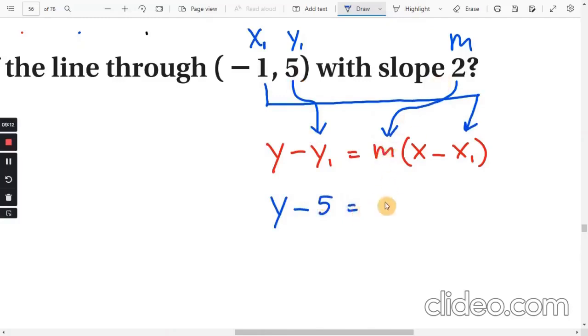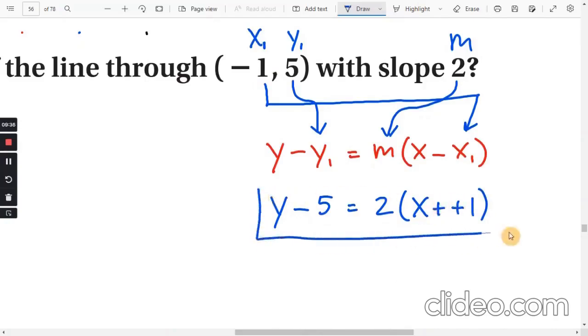M is going to be +2. X minus x1, and x1 is -1. So that's it right there. We know that 2 negatives in a row is positive, so you can just make it one positive sign if you want to, but that's the line equation right there.